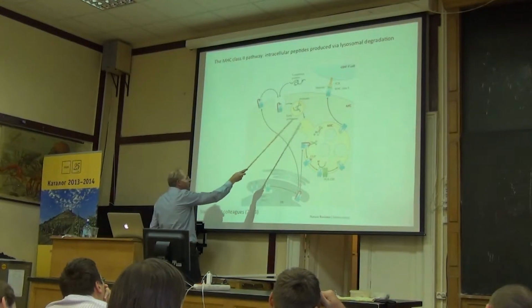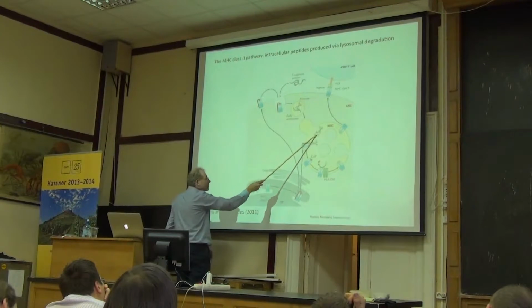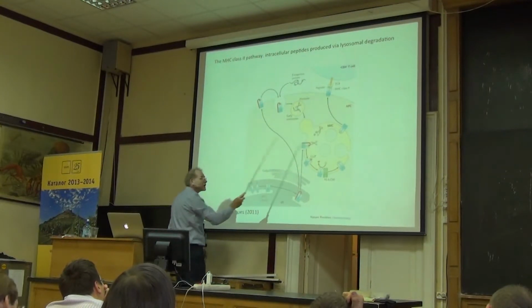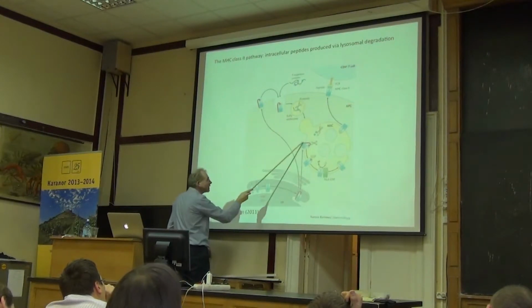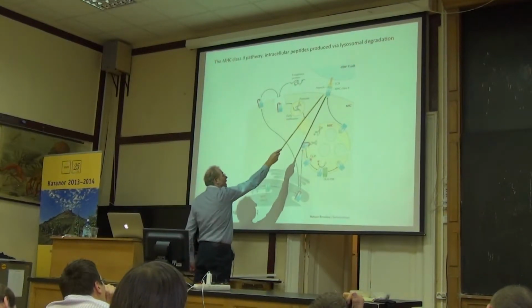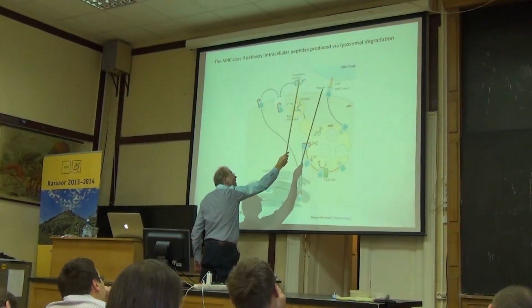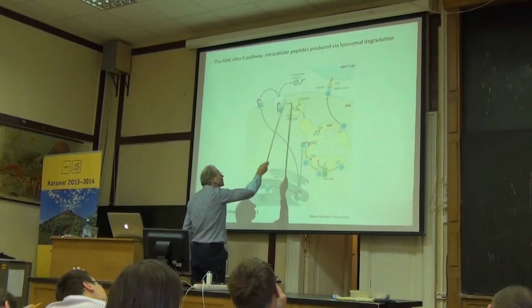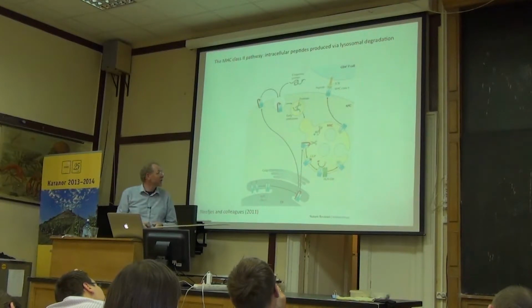These proteins are degraded by lysosomal proteases, and these peptides can then be bound to a second type of MHC molecule by the name of class 2. You see that process here, and this goes up to the cell surface. And now this peptide that's in that binding groove is indicative of what the cell has taken up from the outside or has recycled or is in the process of recycling from the cell surface.